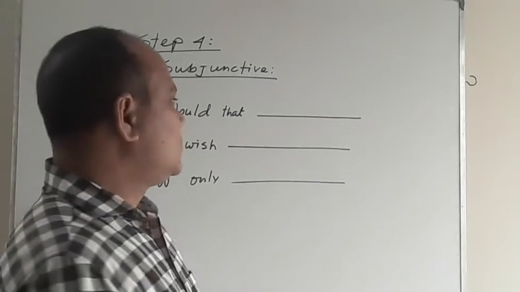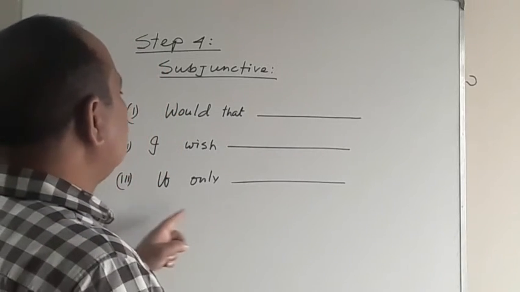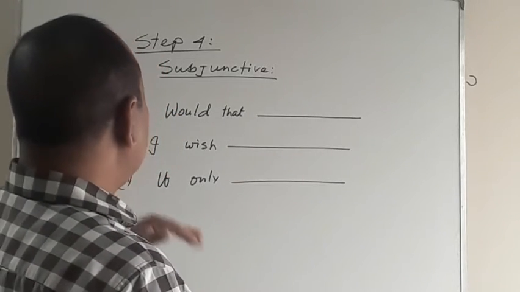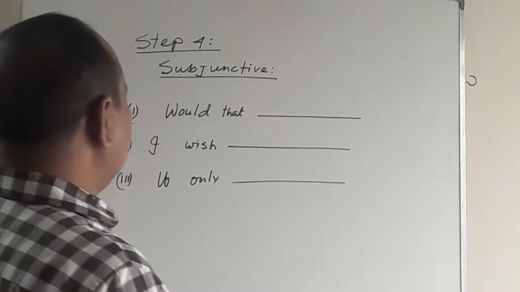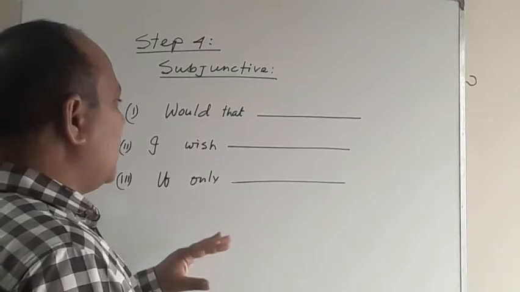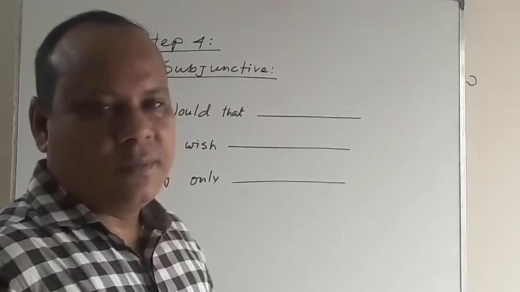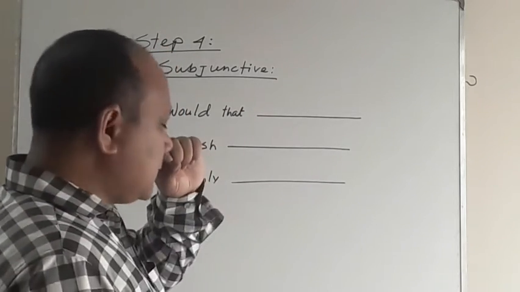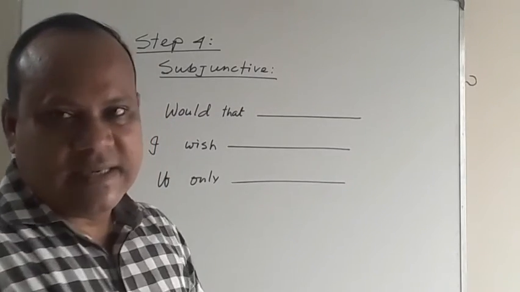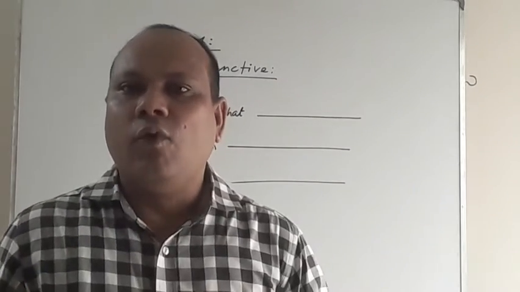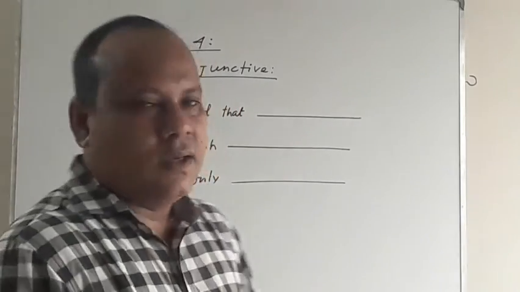My dear students, completing with would that. If you find this type of sentence in your questions, you have to answer in a peculiar way, because these sentences are in the category of the subjunctive mood, and their verbs are formed in a peculiar way. Now come to the point.